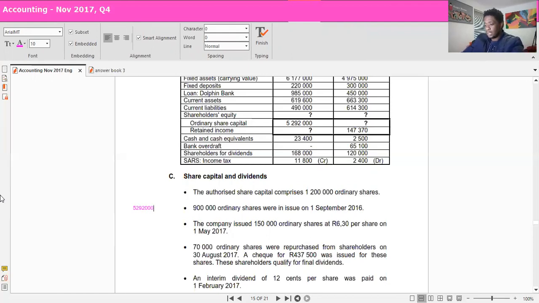So the number of shares at the beginning of the year was 900,000. I'm not going to put all the zeros. Then I'm going to add the 150,000, and then subtract the 70,000.